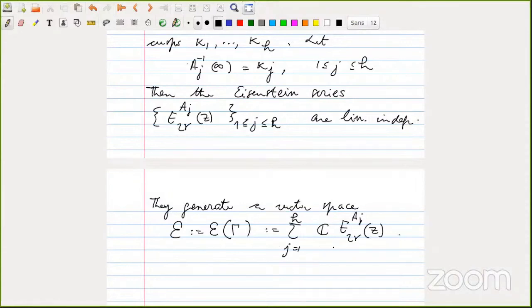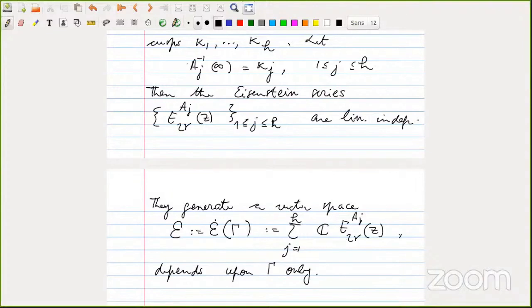Okay, and then this depends only on gamma. It doesn't depend upon our choice of A. So it depends on the subspace which is spanned by the Eisenstein series.